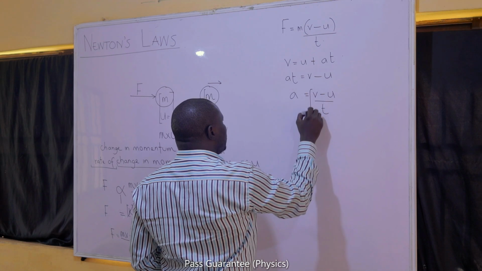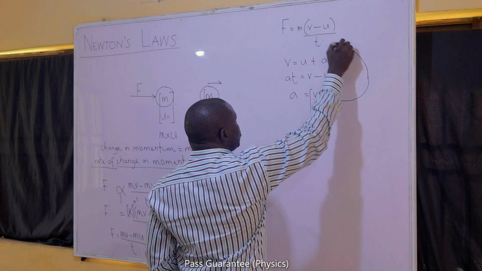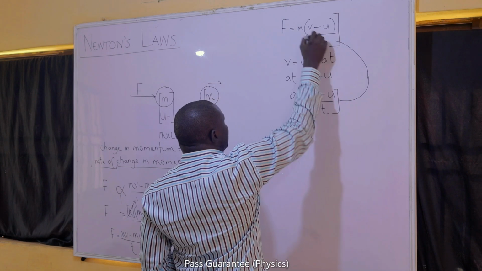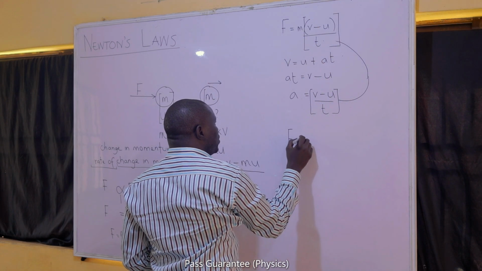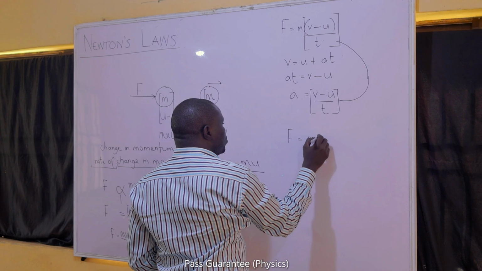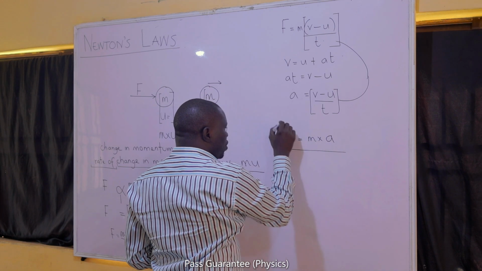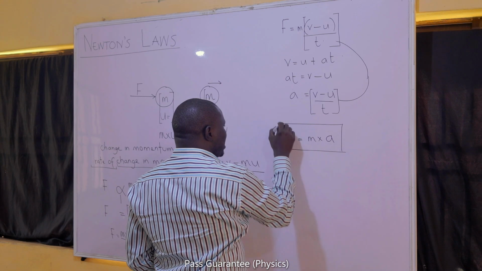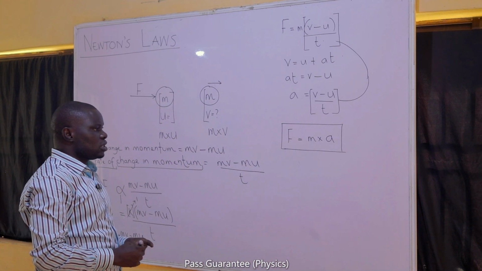If a is v minus u divided by t, I can easily substitute that same expression that I've used in this equation. In that case, I can remove v minus u and I'll put a. So this equation, force is equal to mass times acceleration, is one of the most important equations in physics.